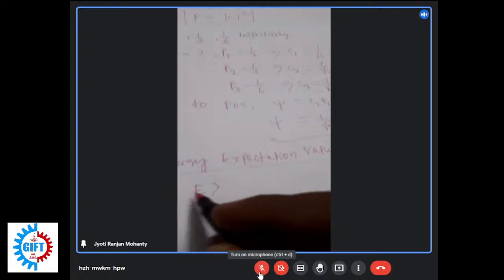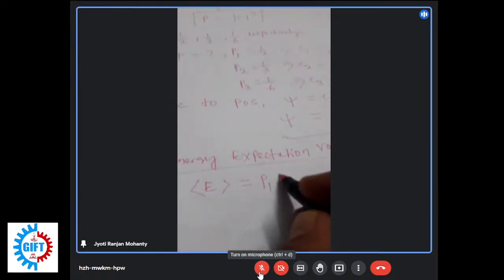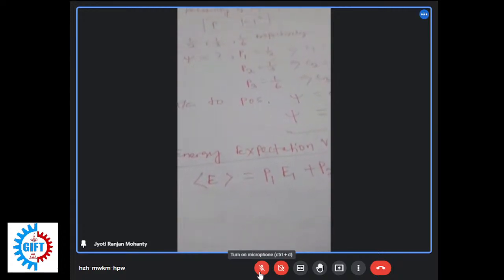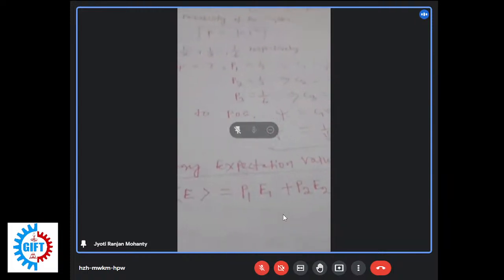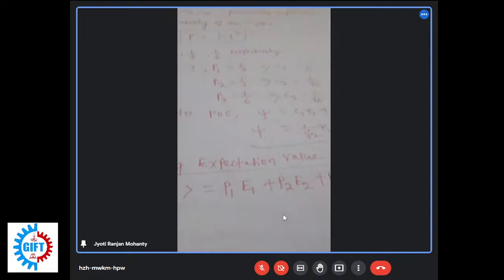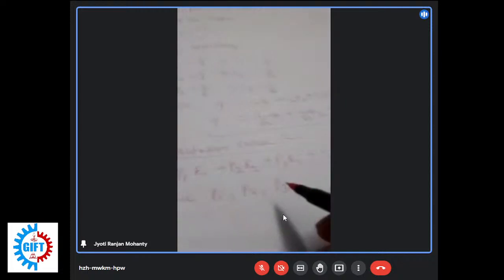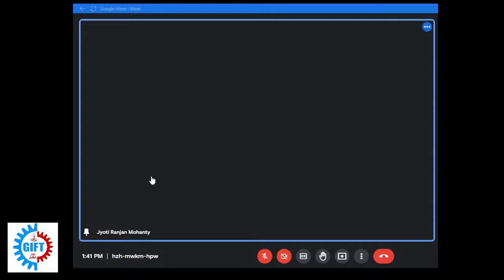So another formula to remember: the energy expectation value, E for energy, is equal to P1 E1 plus P2 E2 plus P3 E3 and so on, where P1, P2, P3 are known as probabilities, and E1, E2, E3 are known as energy eigenvalues.